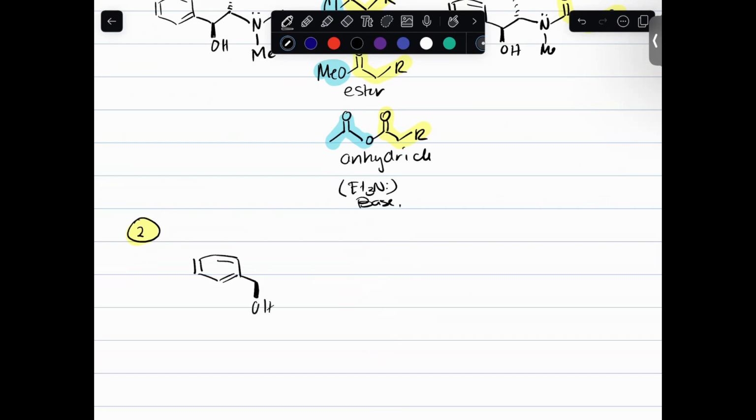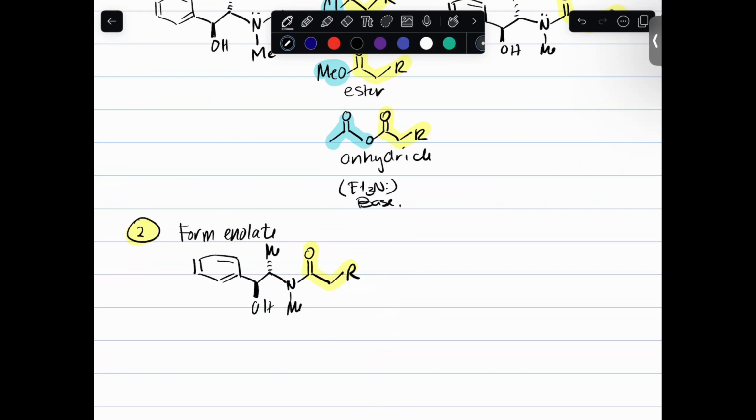And let me title this as well. Form enolate. And I highlighted this yellow in my previous step.